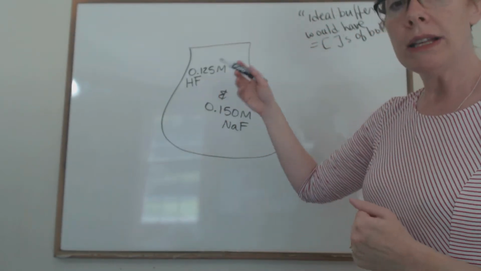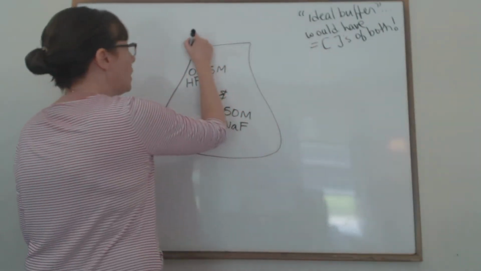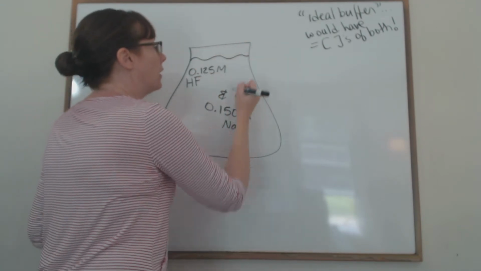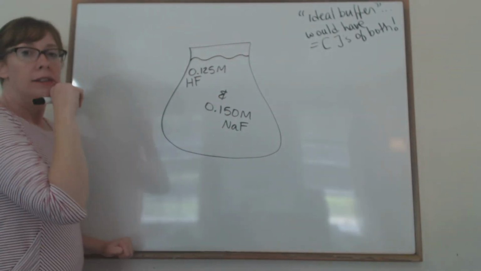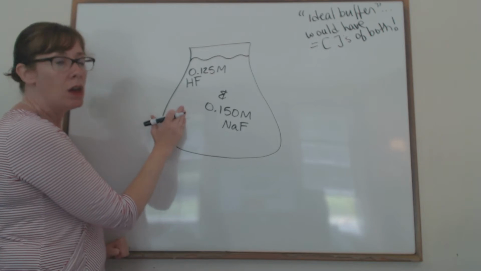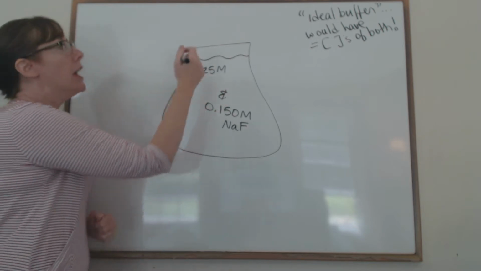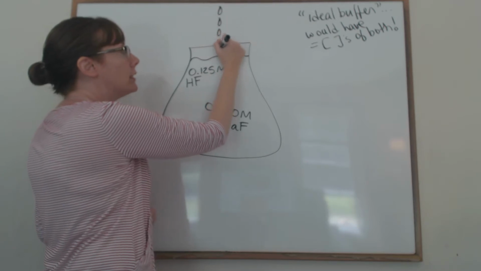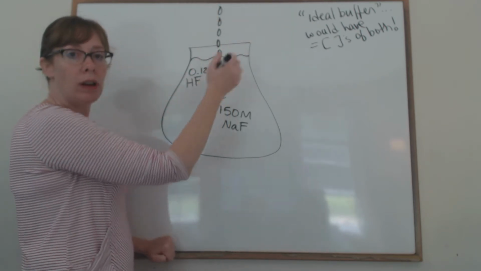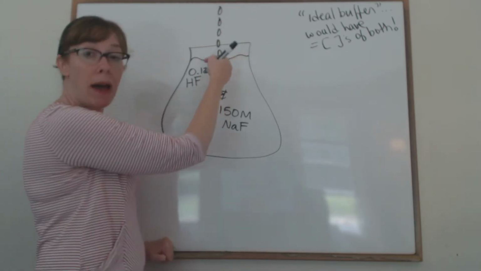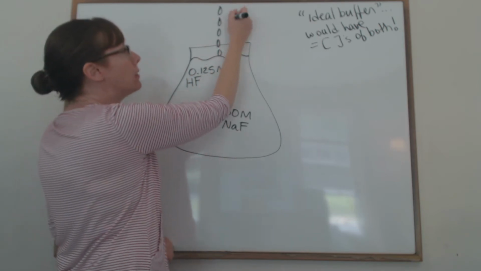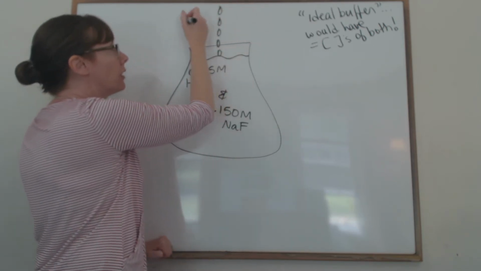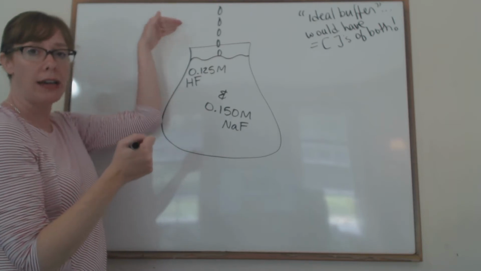All right, so let's talk about this buffer here. The whole point of this buffer is to be able to handle or deal with you adding small amounts, so drip, drip, drip, small amounts of either a strong acid or a strong base.